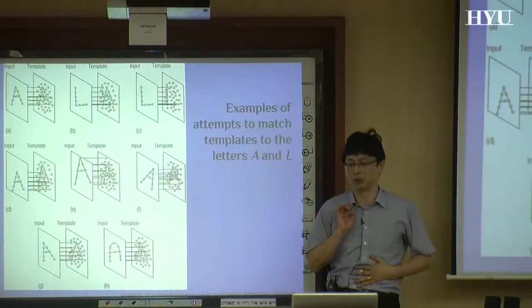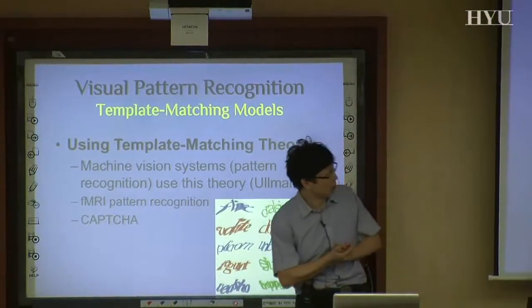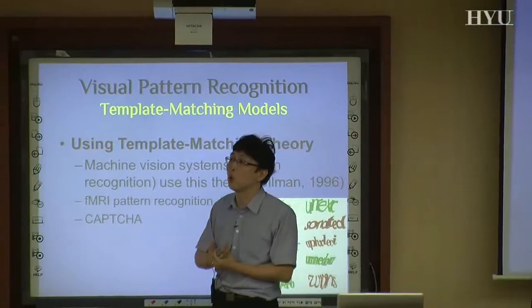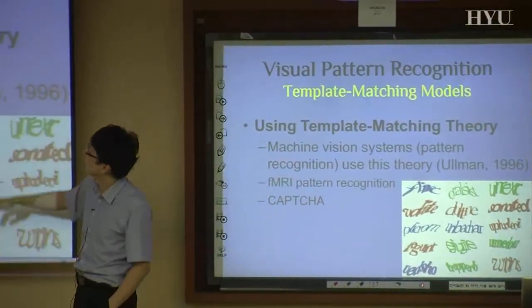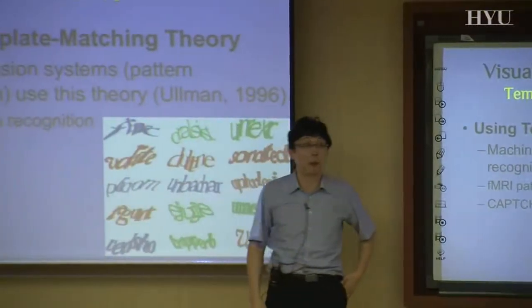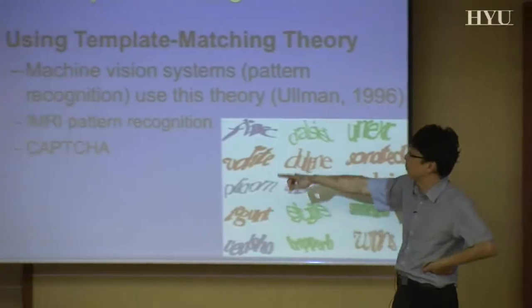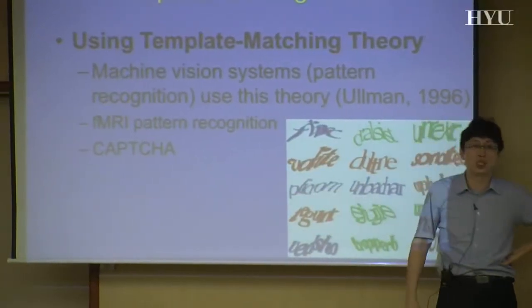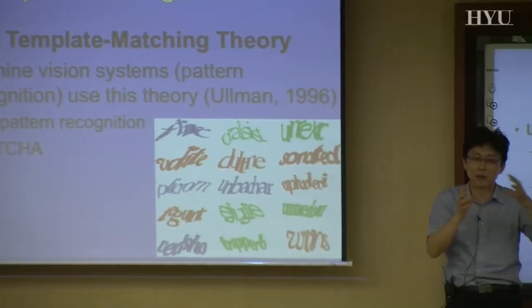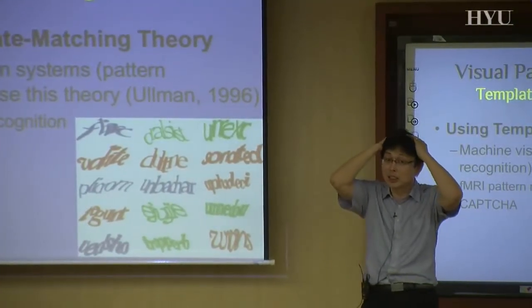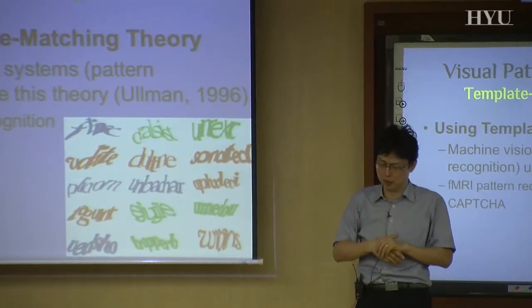Example, this one. In many situations, template matching theory is widely used in computer intelligence, such as machine vision systems for pattern recognition. Another example is fMRI pattern recognition. You read this in the textbook. MRI is medical equipment, but fMRI is not medical equipment; it is for research purposes.